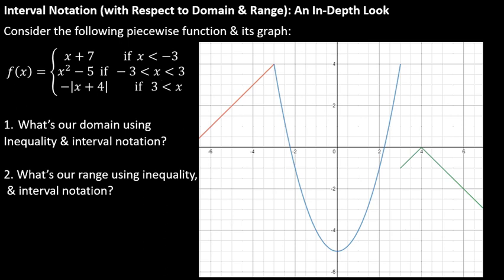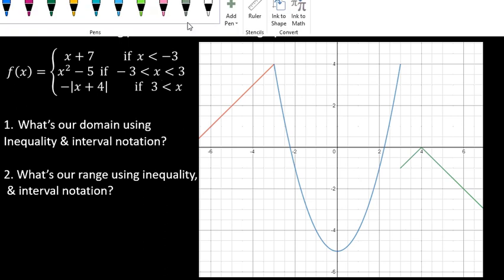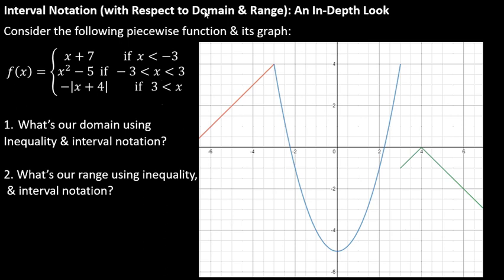So our domain using inequality notation, well, if we look at the graph that we've got here, I still don't think you guys can ever see my mouse in these videos, but if we look at the graph right over here, x doesn't seem to be restricted by anything, but looking at the actual domain restrictions, right here, right here, right here, we're excluding something.